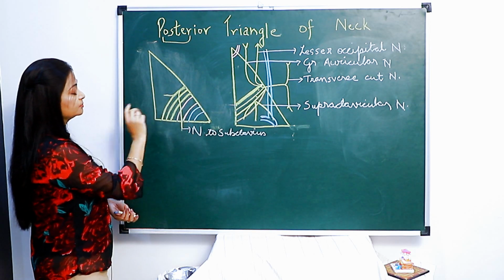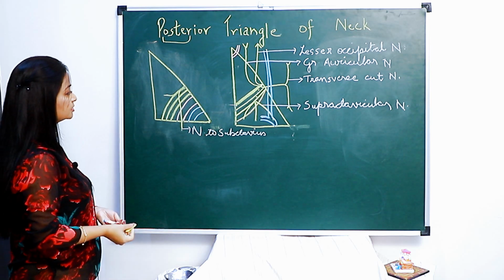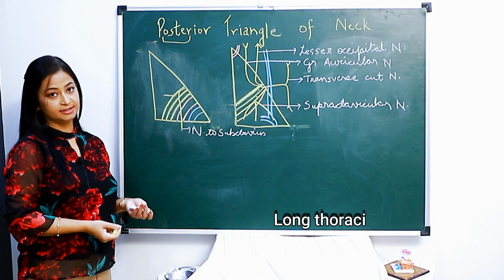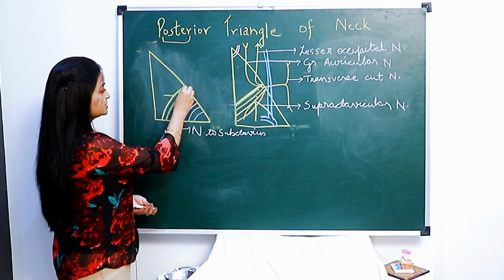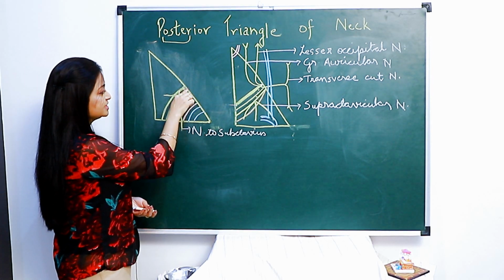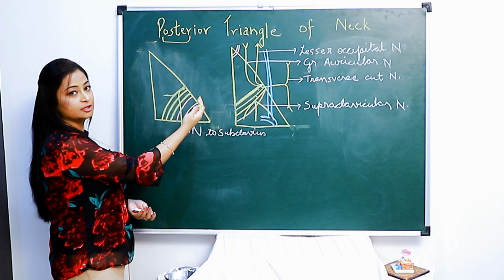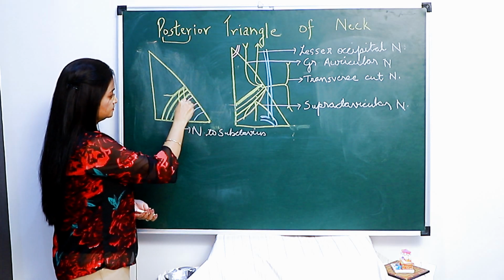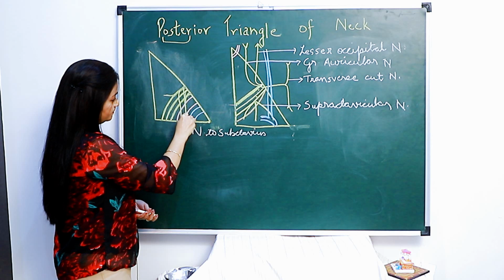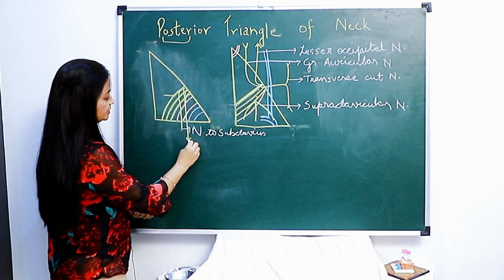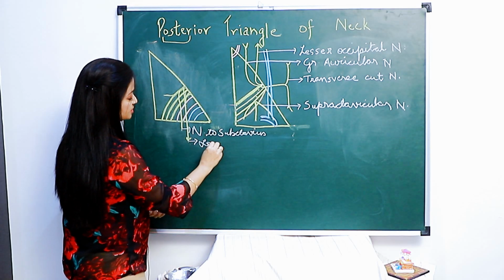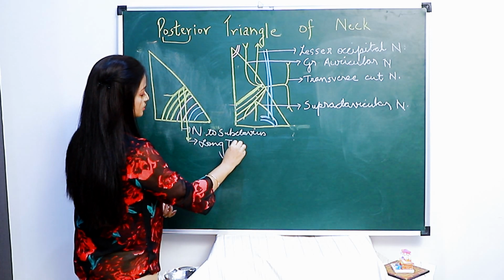Now, apart from these two, there is another nerve known as the long thoracic nerve, which supplies the serratus anterior muscle. This arises from the C5, C6 and C7 spinal roots and will go down like this to supply the serratus anterior muscle. So this is the long thoracic nerve.